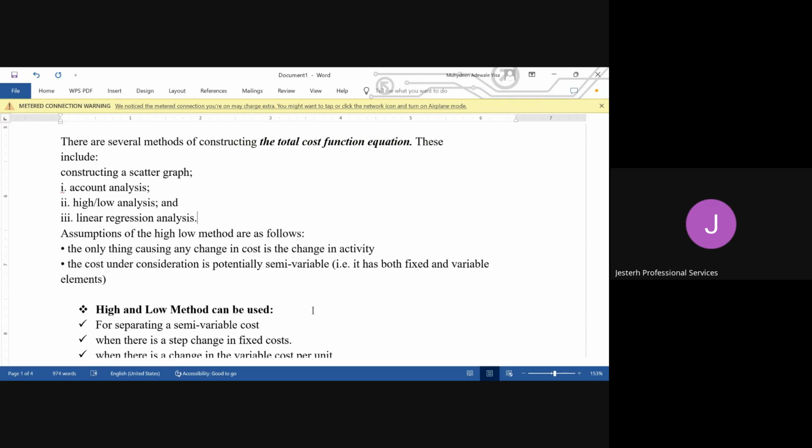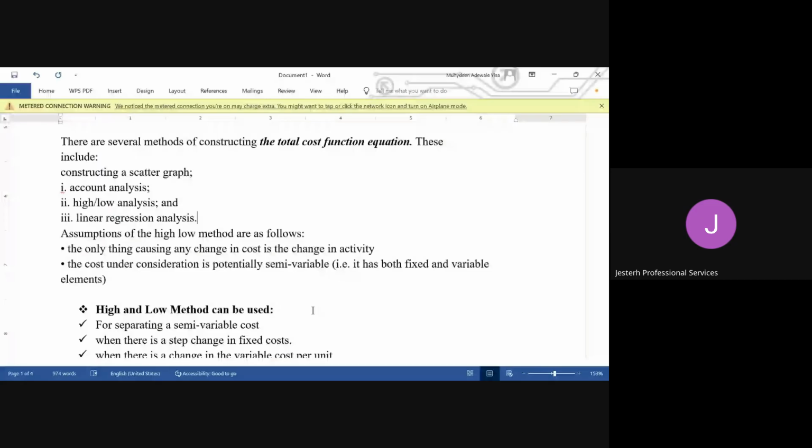That is why we are bringing this in to separate both the fixed and variable costs in a different approach when we are giving the total costs.